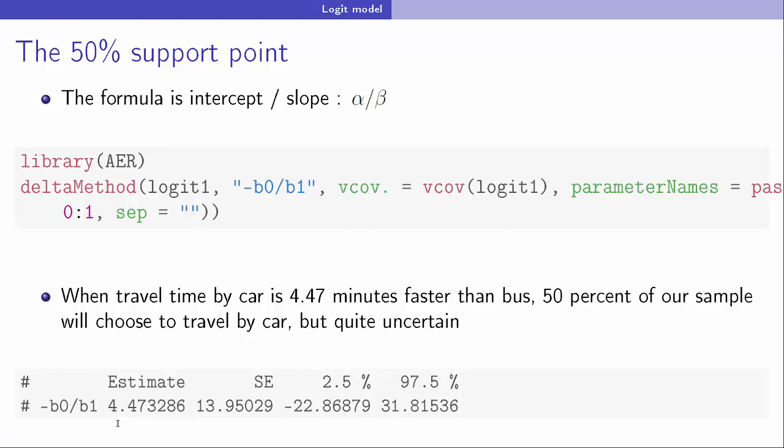And remember, the interpretation of that depends on how we coded the data. And from this, when the car is slightly faster, only then will we have 50% of the people traveling by car. But from these uncertainty bounds or the standard error, we know that that estimate is quite imprecise.